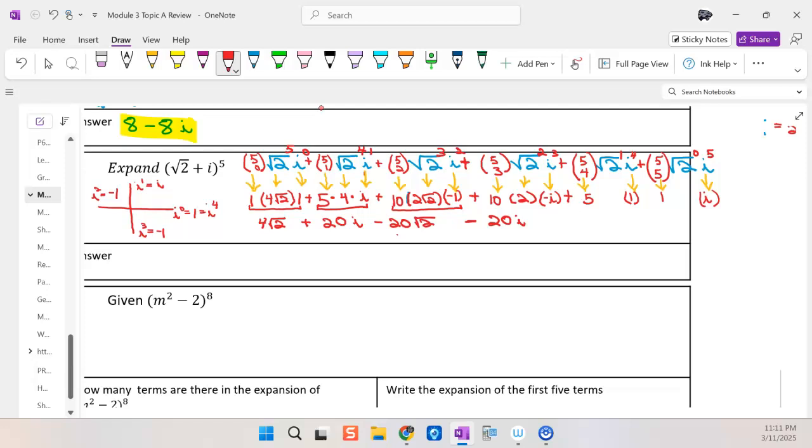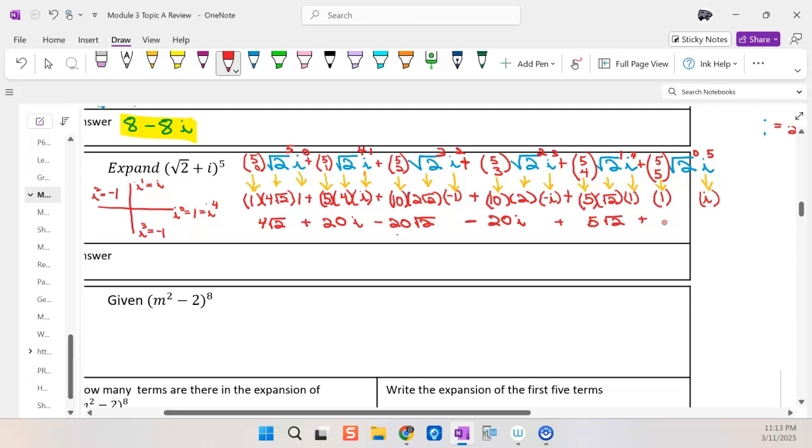And now here I've got 5 times, that's going to be root 2 times 1, 5 root 2. And then my last term is going to be 1. Root 2 to the 0 is 1, and then that's i.